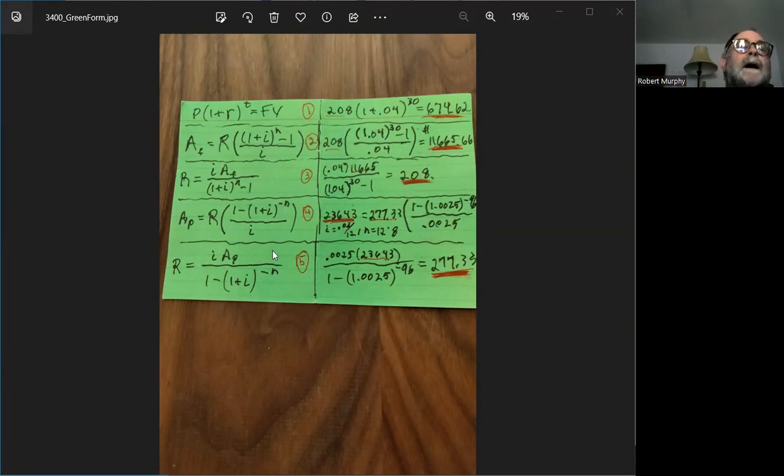And then the last video of these formulas will be: if I'm borrowing so much, say I borrow an amount of money and I have 8 years or 5 years to pay it off and I'm getting 9% or 3% interest, how much would I have to pay per month?